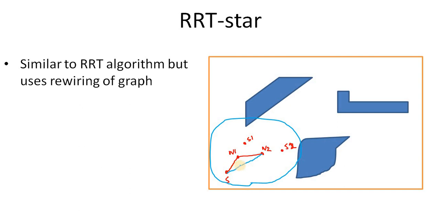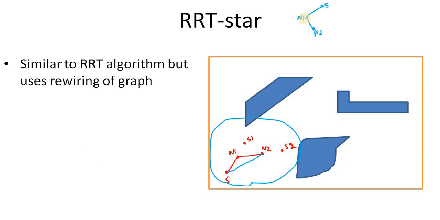This is the difference between the RRT and RRT star algorithms, because in RRT star you always look for a shorter path, and you also change the parents of the nodes. Previously in this tree, S was connected to N1, and N1 was connected to N2.